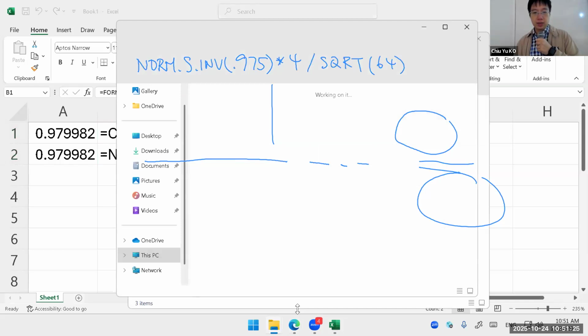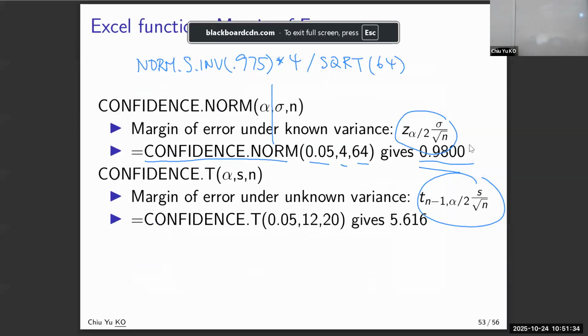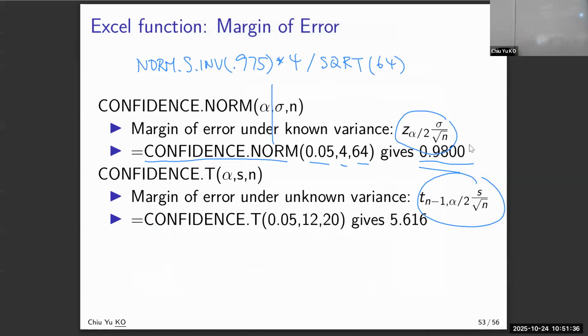As you can see clearly how it can be done, right? If this is the T, you just give your alpha, your S, your N, and it will give you the number. Is that okay? And this number is actually from our example.